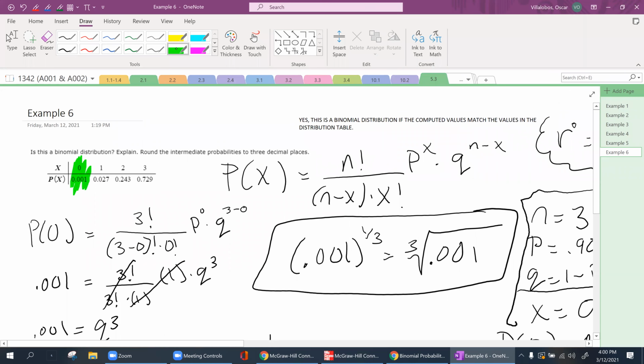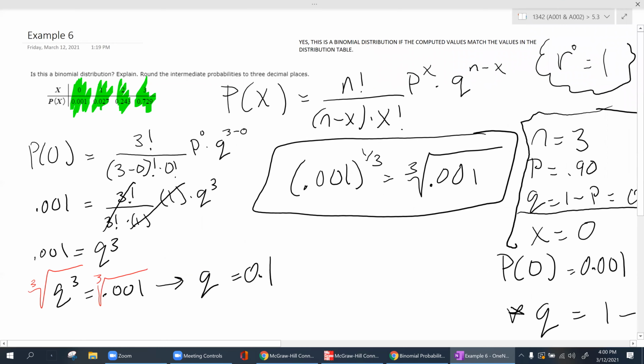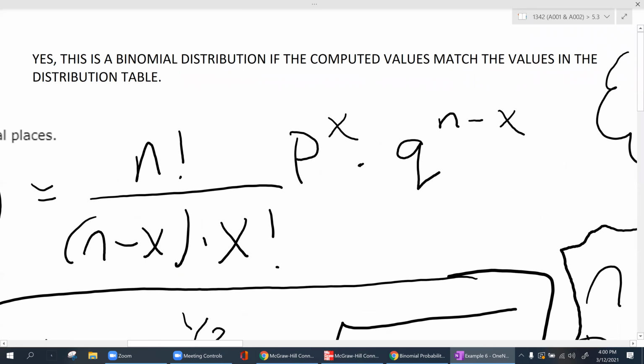When you show that all of these are equal, then you'll say yes, this is a binomial distribution if the computed values match the values in the distribution table. All of them must be the same. If you start getting other values that do not match, it fails to be a binomial distribution.